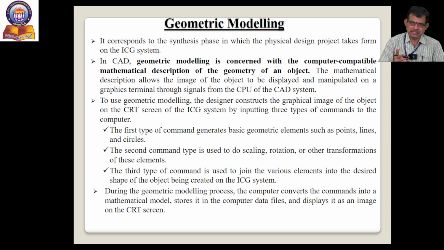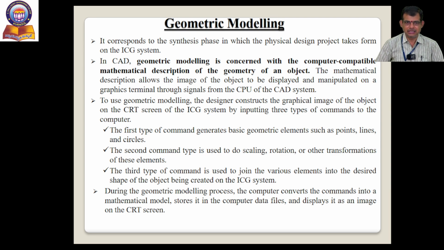So the ICG system works by inputting 3 types of commands to the computer. To use geometric modeling, the designer constructs the graphical image of the object on the CRT screen of the ICG system by giving the following 3 commands. What are they? The first type of commands generates basic geometric elements. These are called 2D elements or geometric elements.